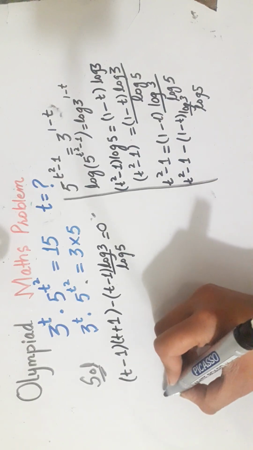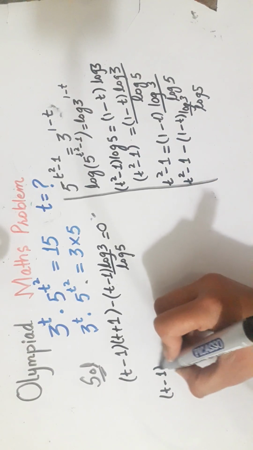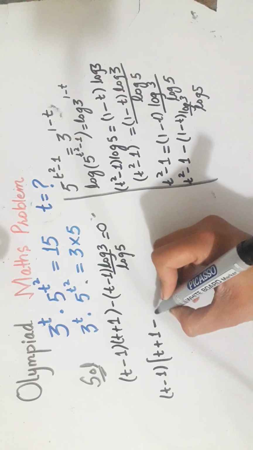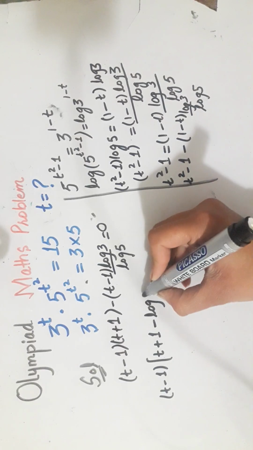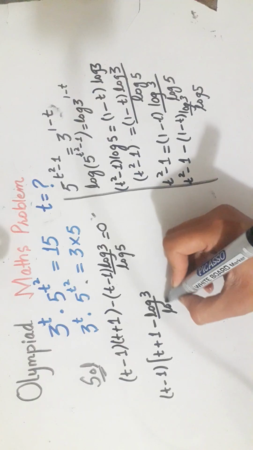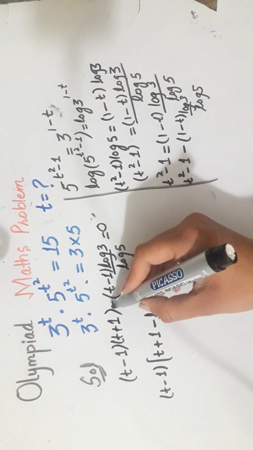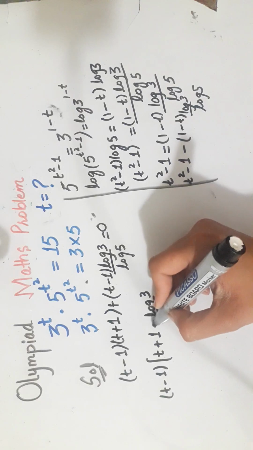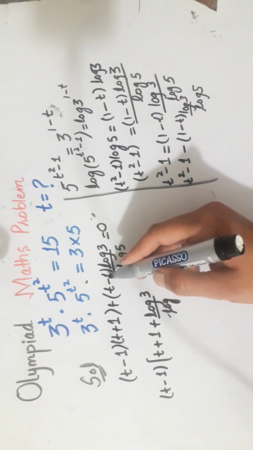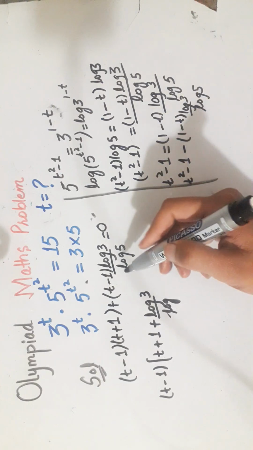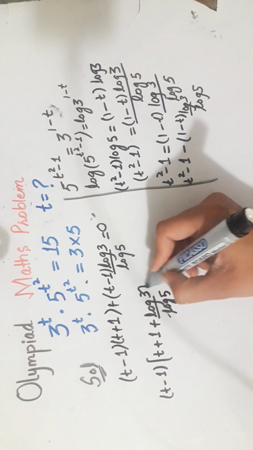Now you can take t minus 1 as common from this. So remaining will be t plus 1 minus log of 3 divided by log of 5. So this will be plus, because when we take minus as common from this, this will become plus.